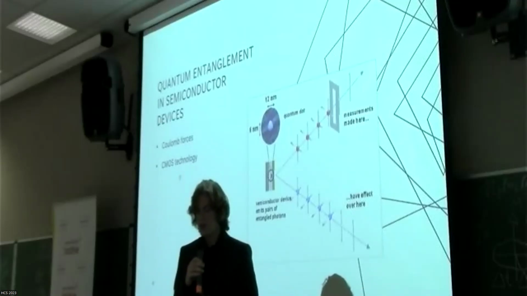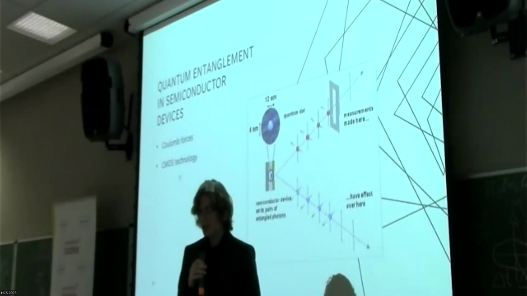Now let's dive deeper into quantum entanglement within semiconductor devices. Imagine two transistors, one on the left and one on the right. The electron in the left transistor can tunnel into the right one, and vice versa. Through this tunneling process and their electrostatic interactions, the qubits become entangled.